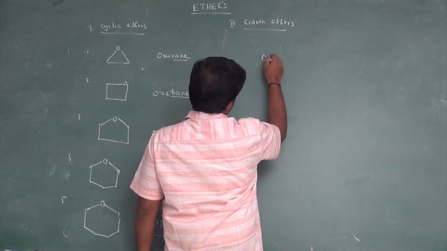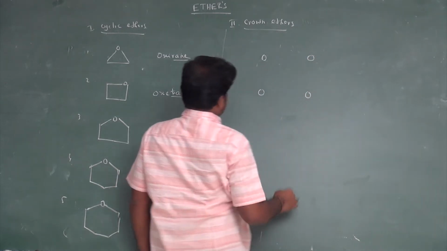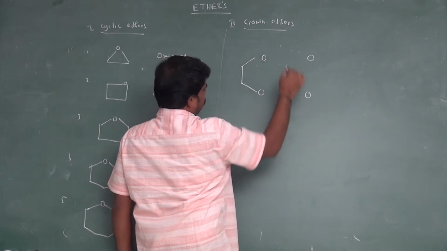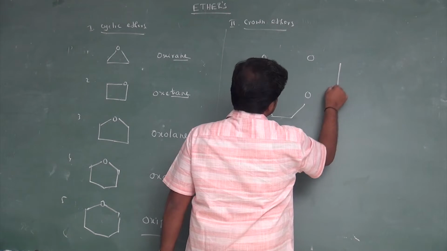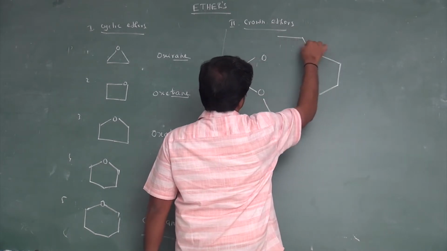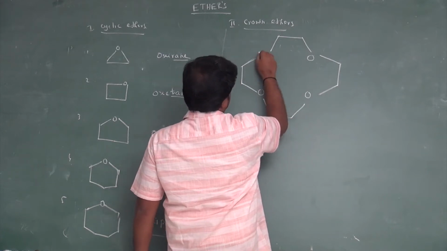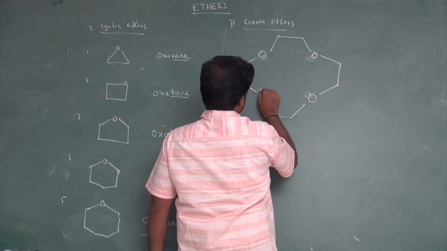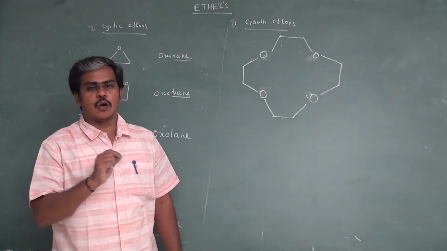So here oxygen, oxygen, oxygen and oxygen, attached with alkyl groups. These are all considered as crown ethers.